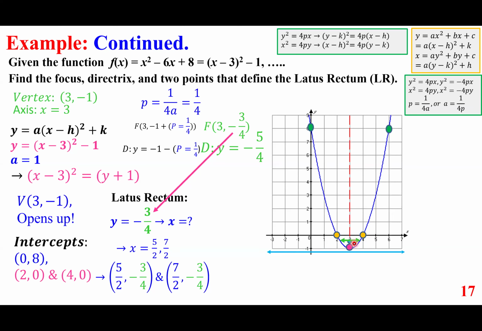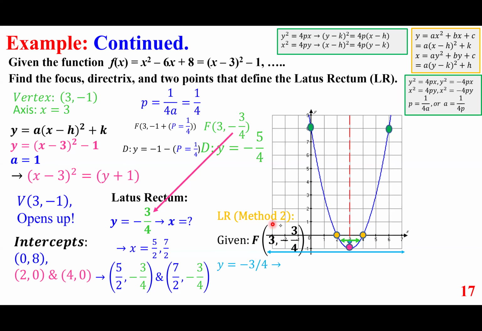By how much? Well, I hope you remember this distance was 2p. So we're going to go 2 times p to the right, 2 times p to the left. That means go back here, 2 times the p, 2 times 1/4, which is 1/2, to the right and to the left. The y coordinate remains unchanged. For the x coordinate, add and subtract 1/2.